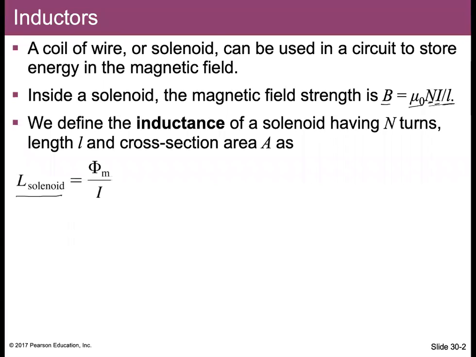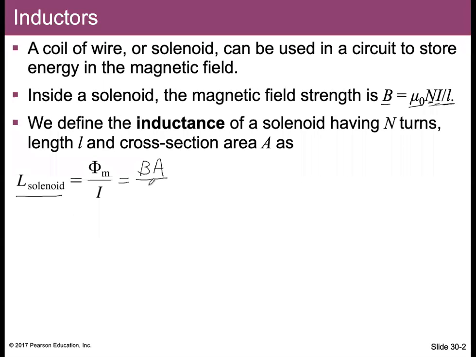The inductance of a solenoid is equal to the magnetic flux divided by the current. Now we know that the magnetic flux is equal to B dot A, where B is the magnetic field strength times A, which is the area. That would be BA sine of 90 in this case, because those are perpendicular.